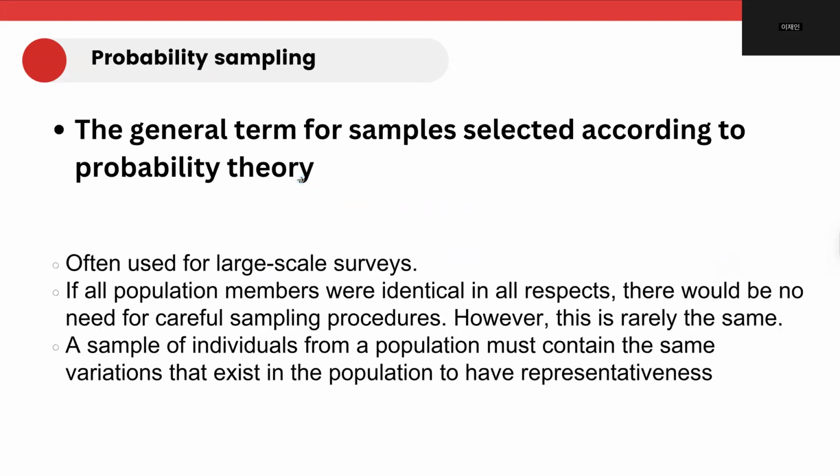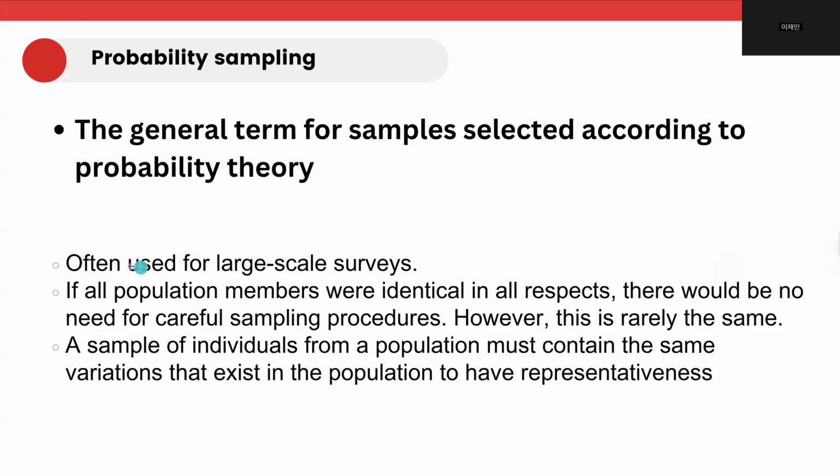Based on non-probability sampling, we could see that these methods are relatively easier than probability sampling, which represents the data. In probability sampling, the sample is selected according to probability theory, so which theory you use will determine the method.